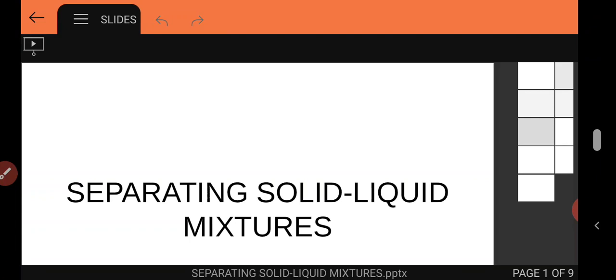So according to different situations, we use either one process or two processes, or sometimes we use these processes together to separate the insoluble, light insoluble, or soluble solids from the liquid or the solution.